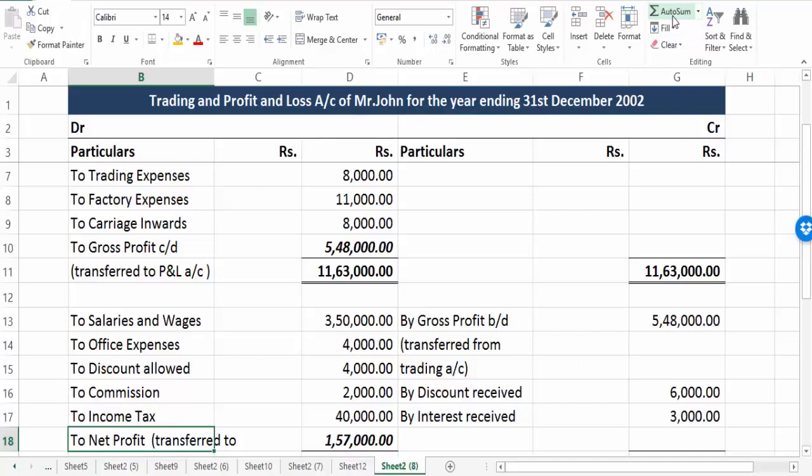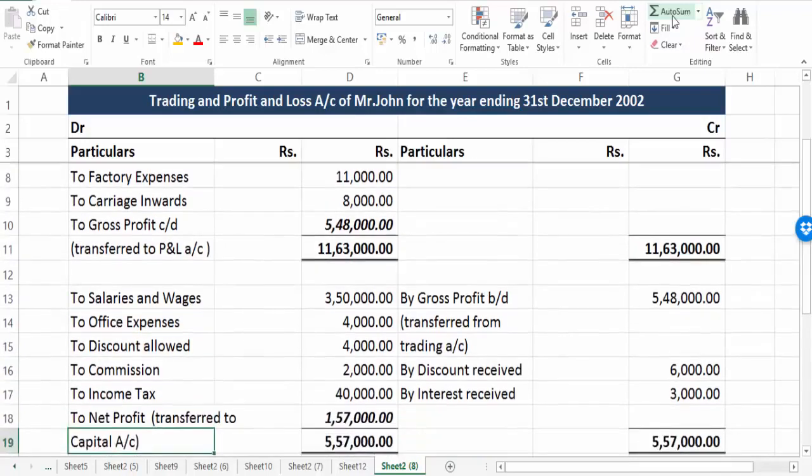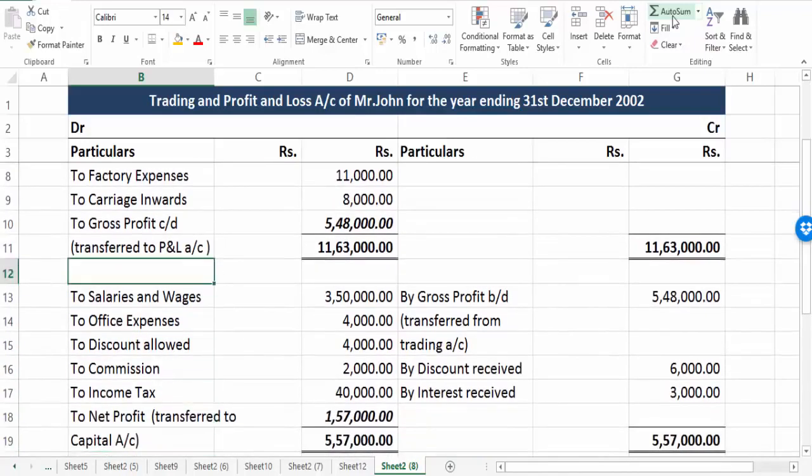So here we have to note one or two items. If you notice, this problem has something called trading expenses and office expenses. So trading expenses will appear in trading and office expenses will appear in profit and loss account. Then this problem has an item called salaries and wages.